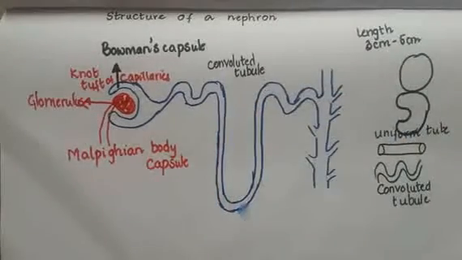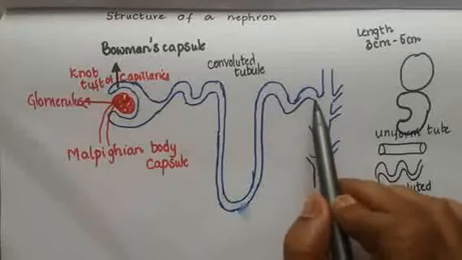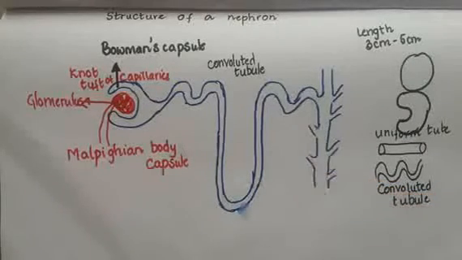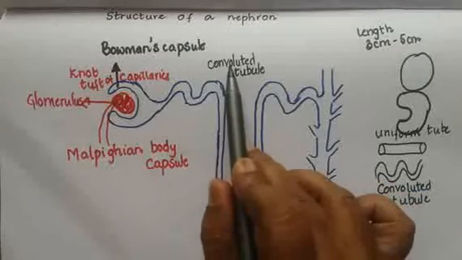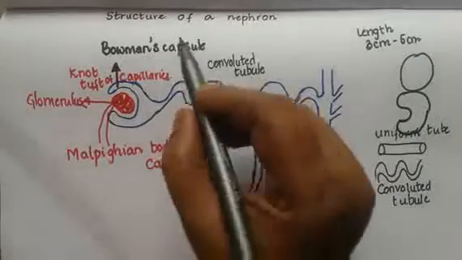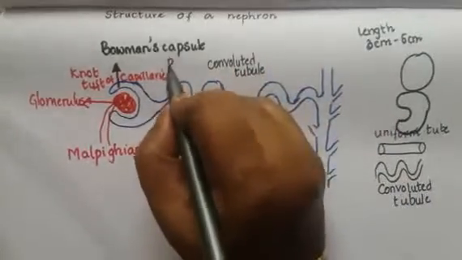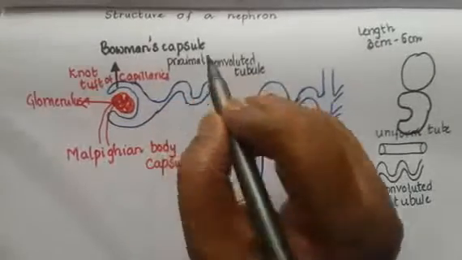And again, if you carefully observe, you find one more convoluted tubule, a twisted structure once again, found in the later part of a nephron. Since we have this convoluted tubule very close to the Bowman's capsule, we name it the proximal convoluted tubule.